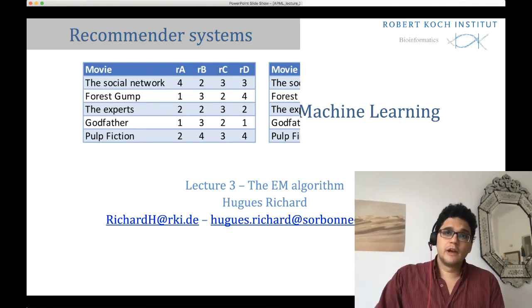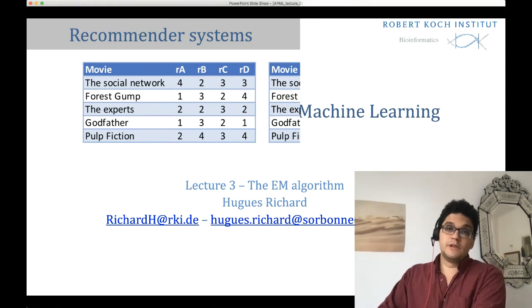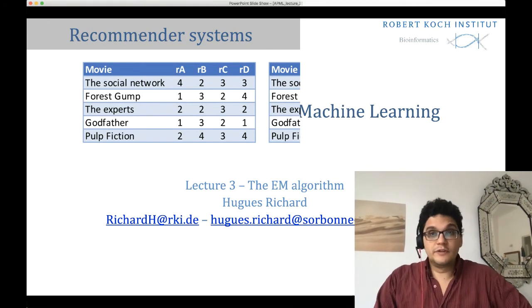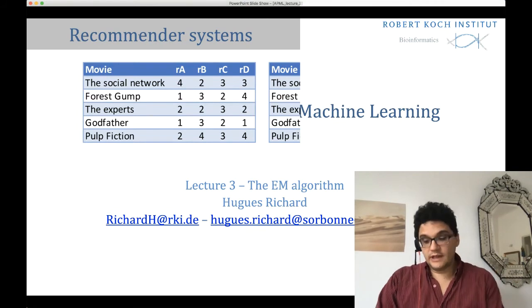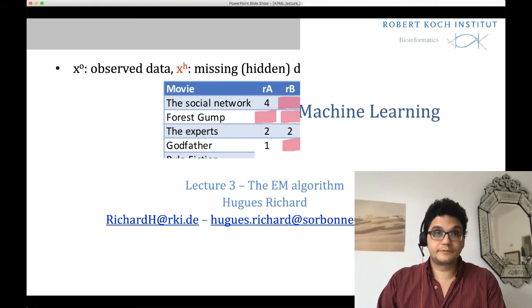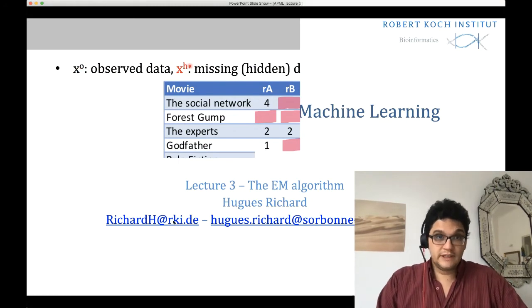Here in our case, the main problem is that we would like a way to do the estimation in the presence of data that are not observed. So how could we estimate those probabilities given that some of the data is missing? To do that, we can divide the data into two types for the X. We have the observed data.